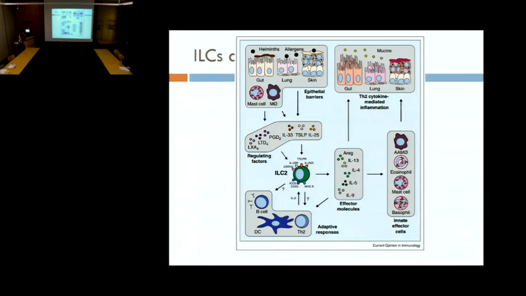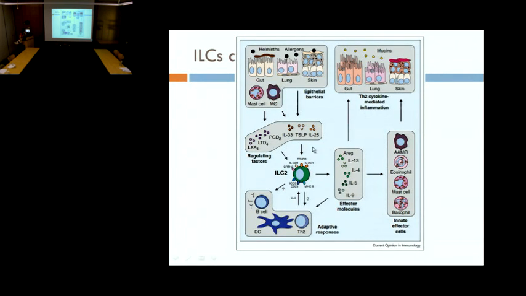All right. This is a diagram that shows how the ILC2s interact with the T and B cells and the barrier surface cells. So with exposure to helminth or allergens, the innate immune system comes in and then releases a whole bunch of regulating factors, including IL-33, which is important, and then these are the other two that I mentioned.